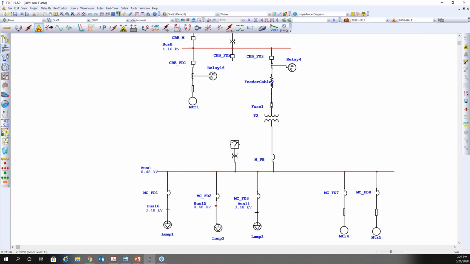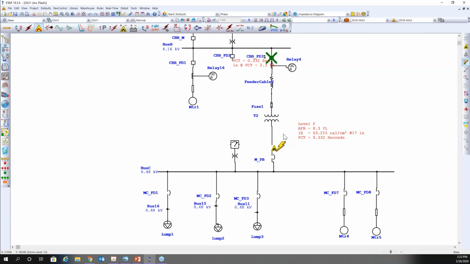So we put a fault on the line side of this particular breaker. You can see that we haven't operated the fuse on the line side. We've operated the circuit breaker that's above that, protecting that. And you normally don't have that circuit breaker up there.